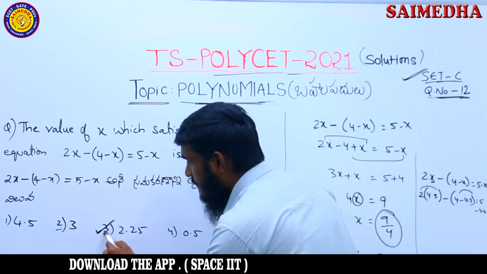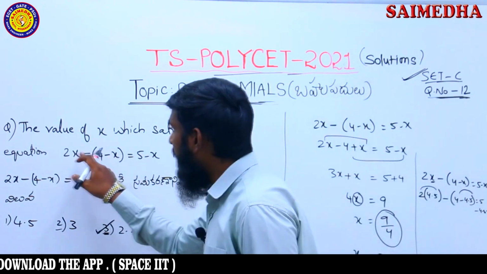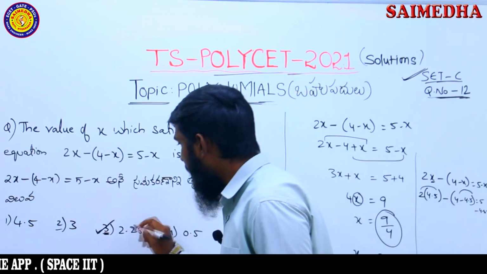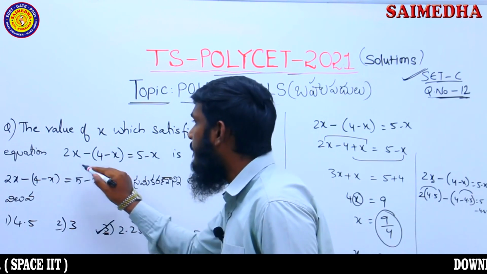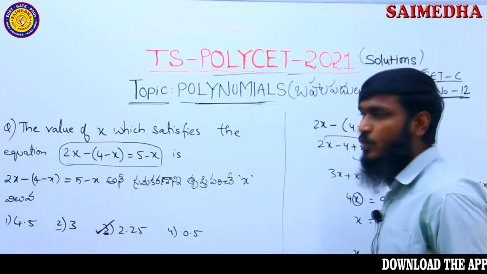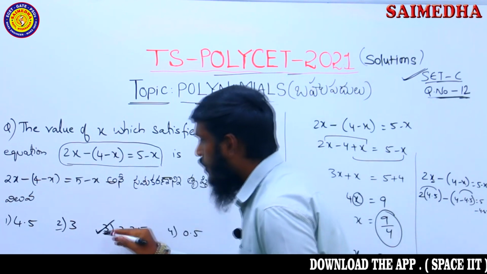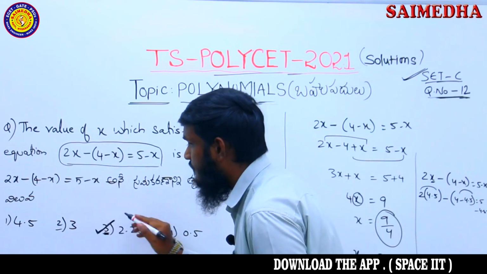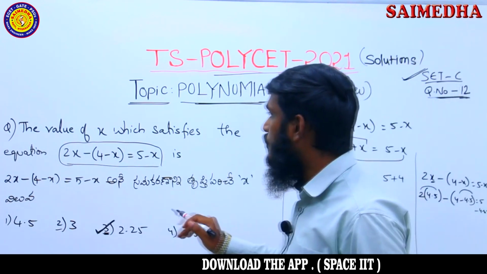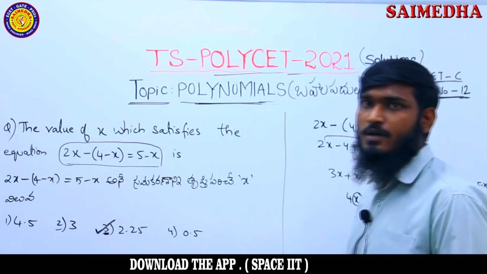But when you take option number 3 and substitute x as 2.25, it satisfies the equation. When the x value satisfies the equation, that option is the correct one. So after solving, we came to know that option number 3, which is 2.25, is our correct answer.